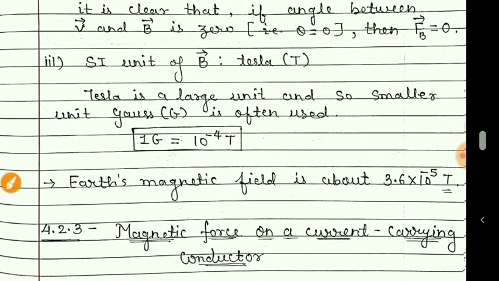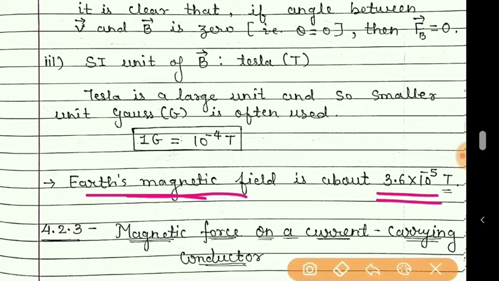Students, here it is given that the earth also behaves as a magnet and its magnetic field is around 3.6 into 10 raised to minus 5 Tesla.